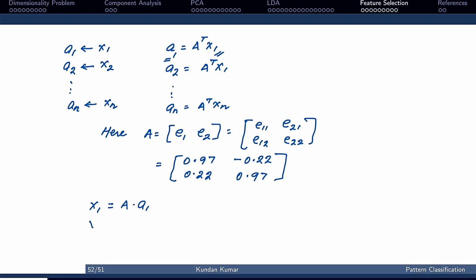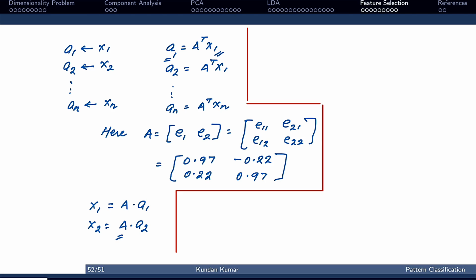This is basically the reverse. That means we can reconstruct our feature vector using this transformation matrix, but without the transpose. Now let us take this example and verify this relation. Let us take x1 equal to 1, 2. So a1 will be, we have to take the transpose of A.